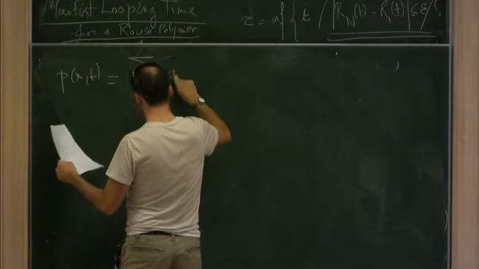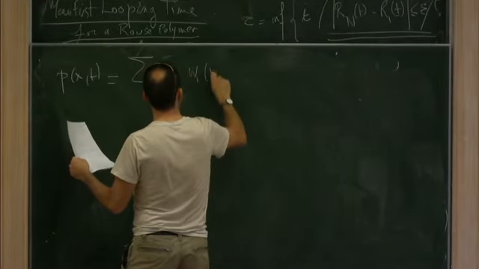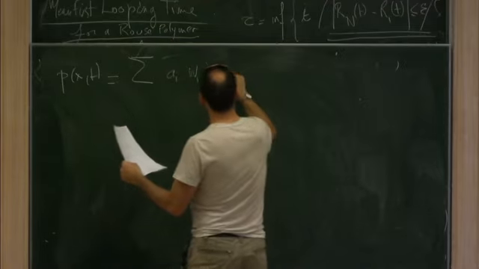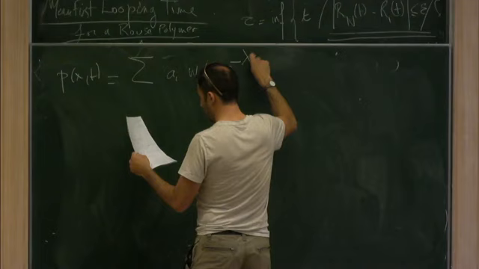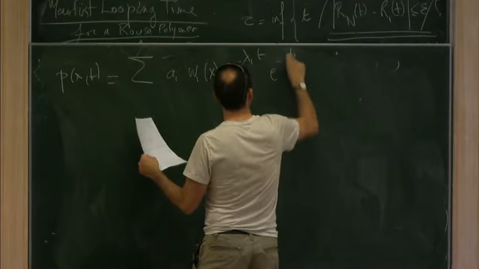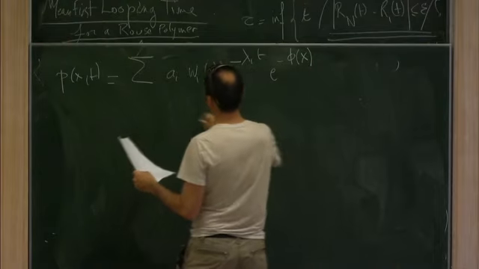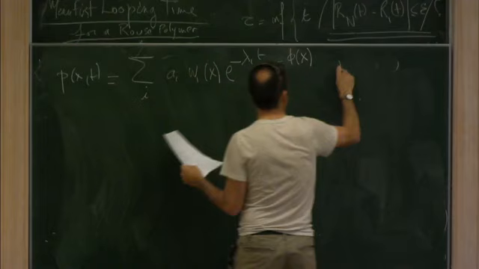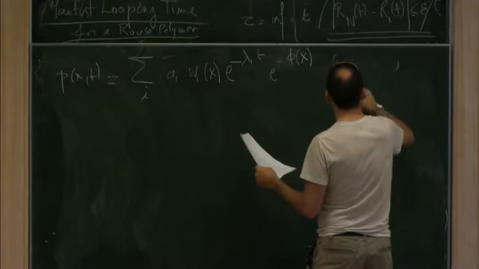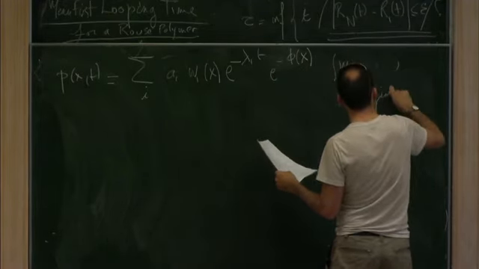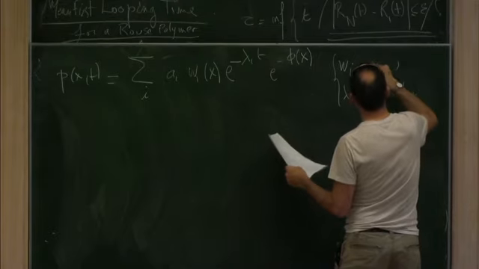So you have the sum of some coefficients, these are the eigenfunctions, exponential of minus lambda_i t, exponential of minus phi. Again, the diffusion coefficient here is equal to 1 to simplify. And you have to sum over i, so these are the eigenvalues and eigenfunctions.